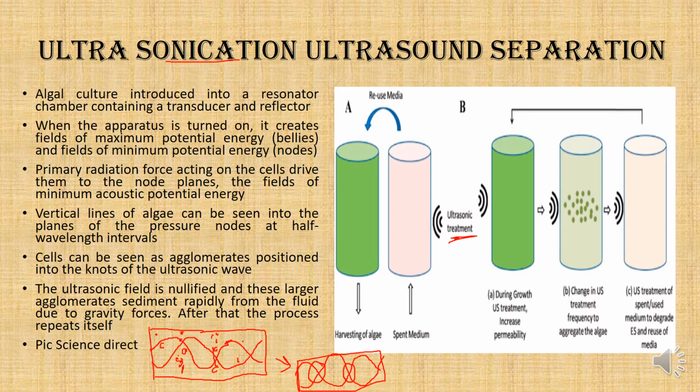By this way, using only sound without any chemical process, we can get pure algal aggregate. Here we are seeing the algae, and after sonication it is getting separated along the nodal region, and this is the spent algal slurry. So this is how the ultrasonication occurs.